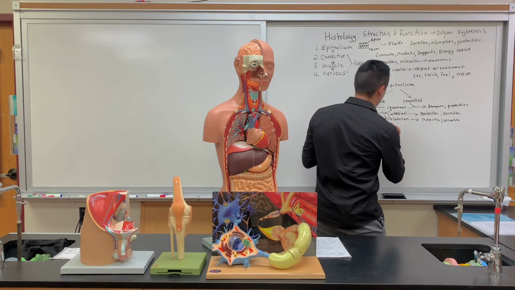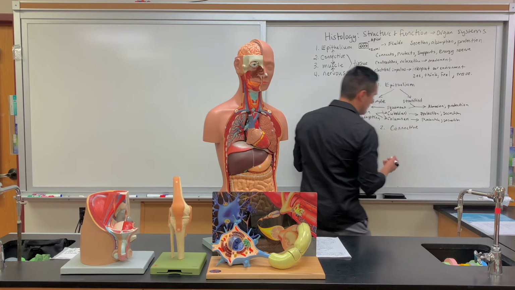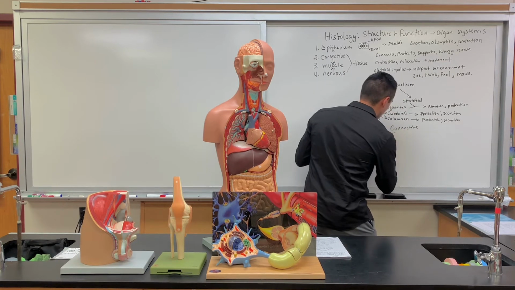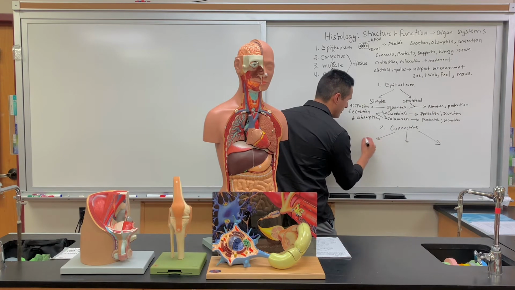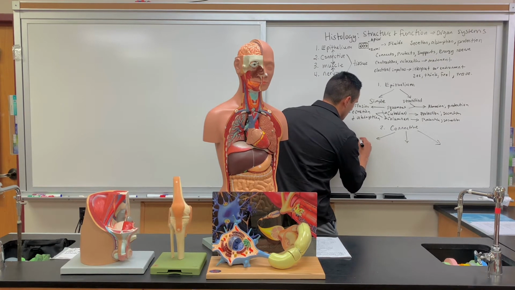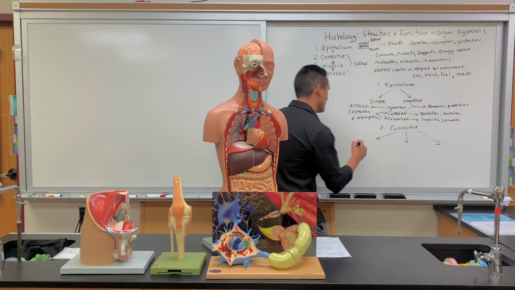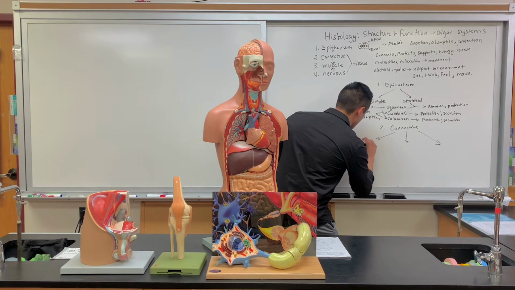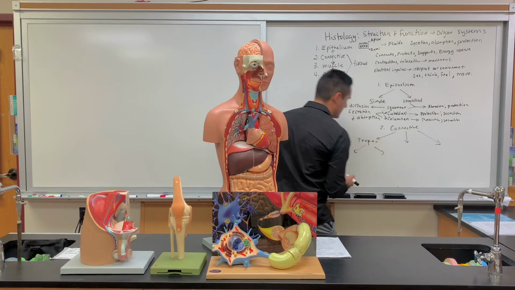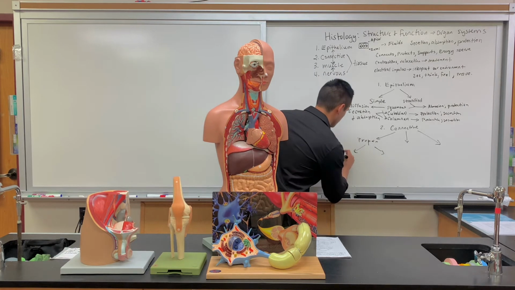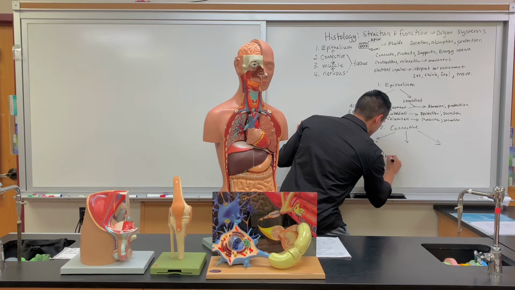So the next one we're going to go to is the connective tissue. With connective tissue, there are three main types that we have. The first type is connective proper tissue, which is divided into two subcategories, as I said earlier: loose and dense connective tissue.